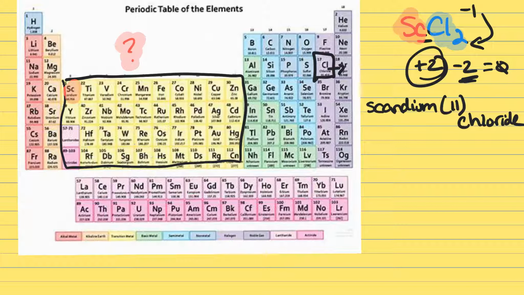In this case, our chlorine has a -1 charge, and because there are two of them, we know it has an overall negative charge of -2. Then the charge of scandium has to be +2 in order for this to equal 0. So the charge of scandium is our Roman numeral, and we simply write scandium(II) chloride.